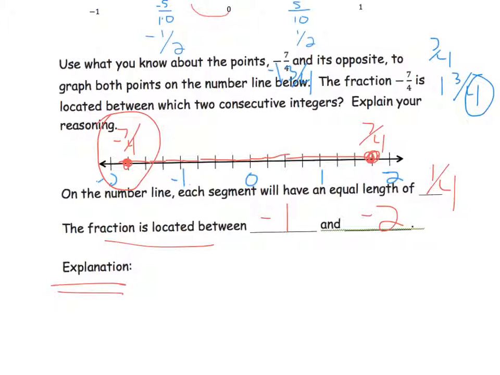And the explanation would be, once it's in an improper fraction, we can see that it's between a -1 and a -2. Or you could say that since it is broken into fourths, when you have 0, you have to count by fourths. So 1/4, 2/4, etc. So make sure you write out your explanation, even though I'm just saying it out loud.